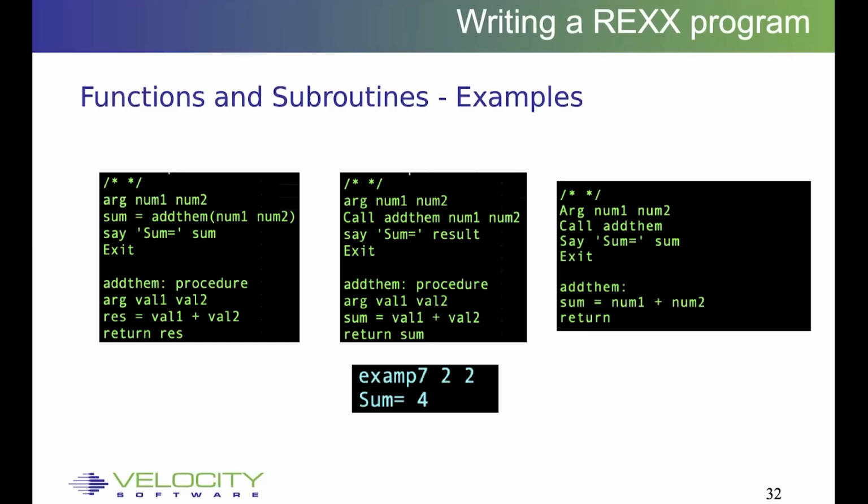So they're separate entities. In the third example, the variable pool is global since we don't have this procedure clause on the label.